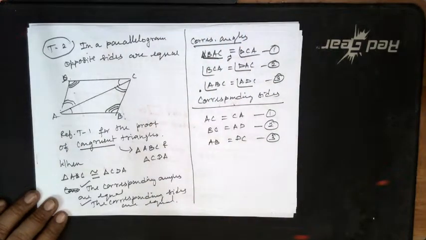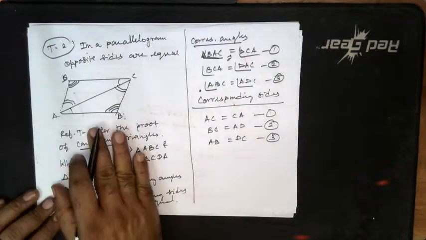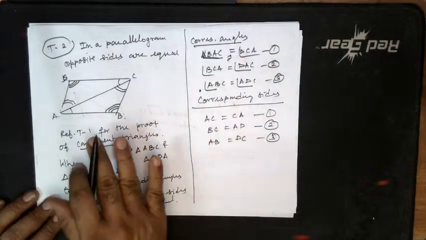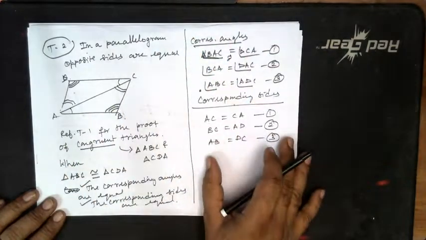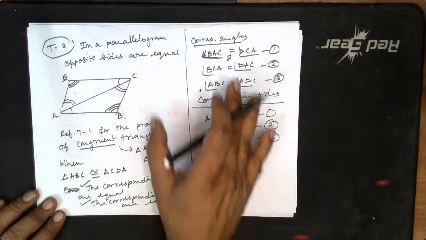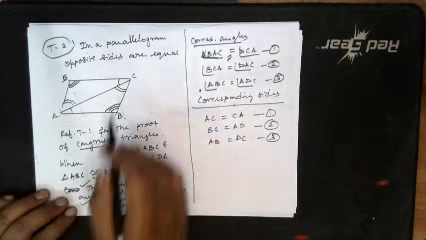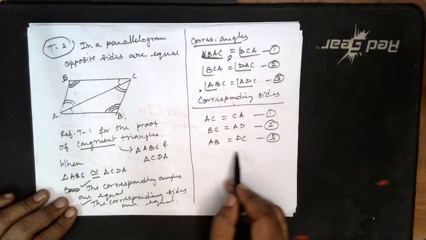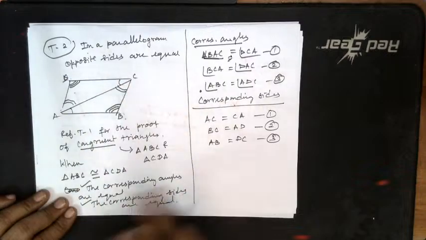Okay, so first what we are supposed to do, we have to prove these two triangles are congruent. Then based on the properties of congruent triangles, you can prove anything like corresponding angles or corresponding sides. Okay, so what is asked here, in a parallelogram opposite sides are equal. Yes, opposite sides are equal. BC, AD, AB, DC, that's all.